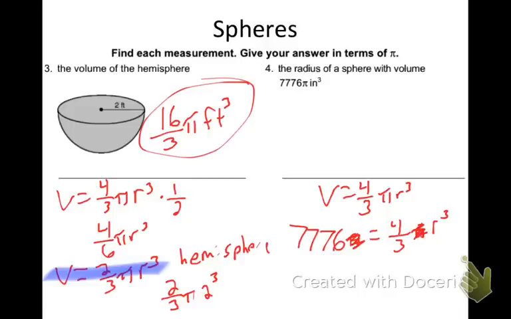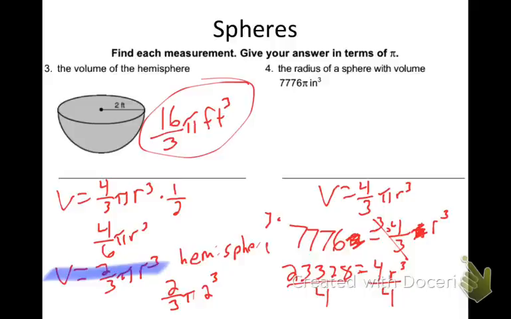Now how would I move the 3 to the other side? Multiply by 3. So it cancels. So 3 times 7,776, isn't that 23,328? Equals 4r cubed.